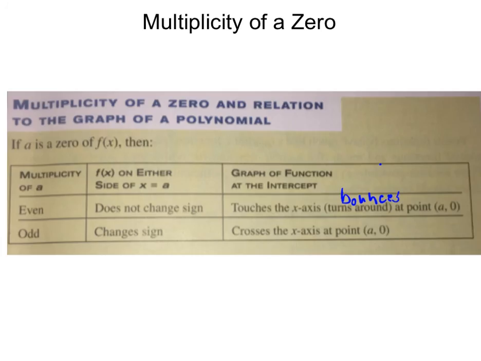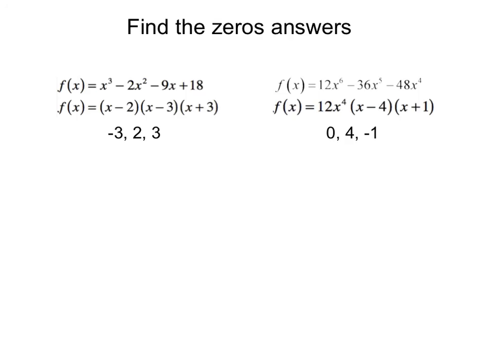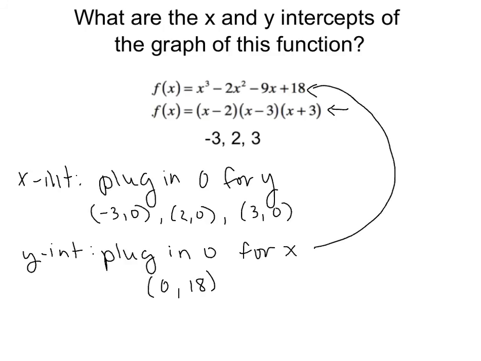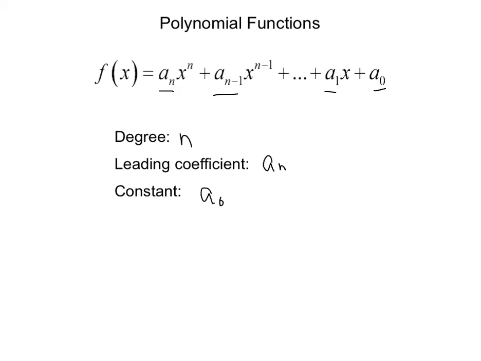So let's just go back for a minute and review a few things we learned. We learned some vocabulary associated with polynomials. We know what a solution is. An x-intercept, again, we're writing an x-intercept always as an ordered pair. We know that a 0 is an x value that makes my y value 0, and a factor is x minus the 0.